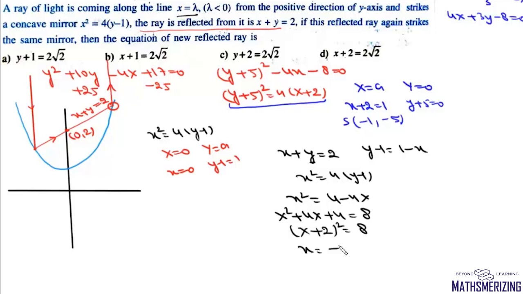The value of x should be minus 2 plus minus 2 root 2. Now since we are talking about this line, and for this line x should be positive, its value will be x equals minus 2 plus 2 root 2, and that's your option number D.